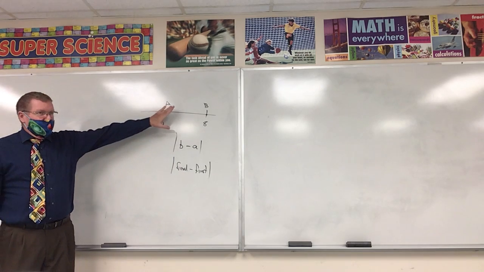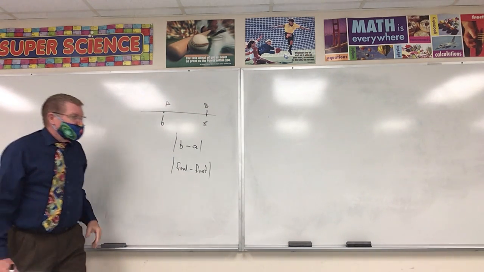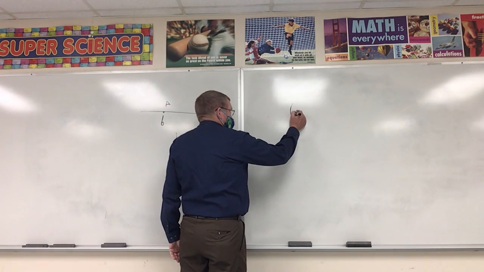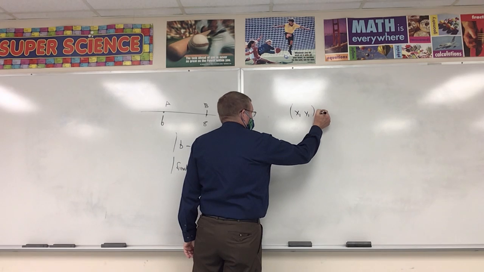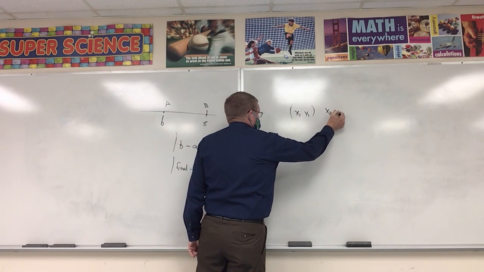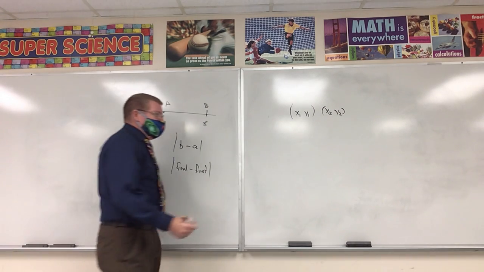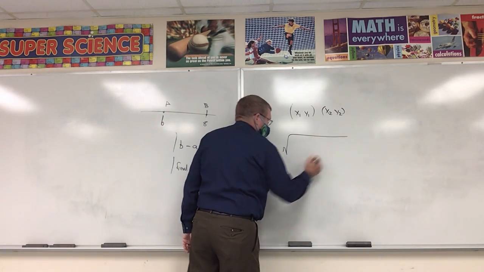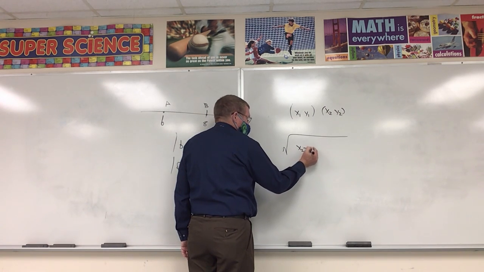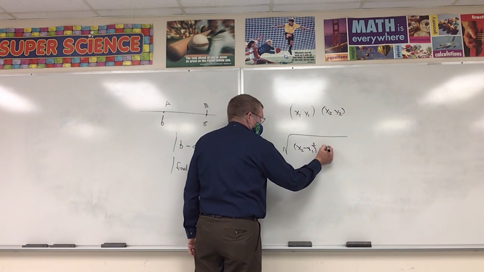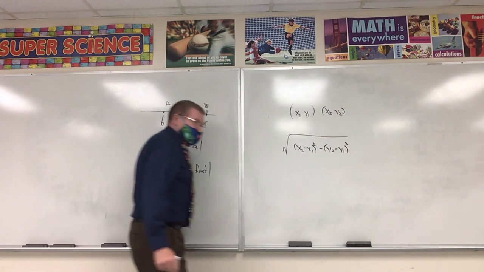That's for numbers on a number line. On a coordinate graph, if I have coordinates, then I've got the distance formula of this: the square root of x2 minus x1 squared plus y2 minus y1 squared.